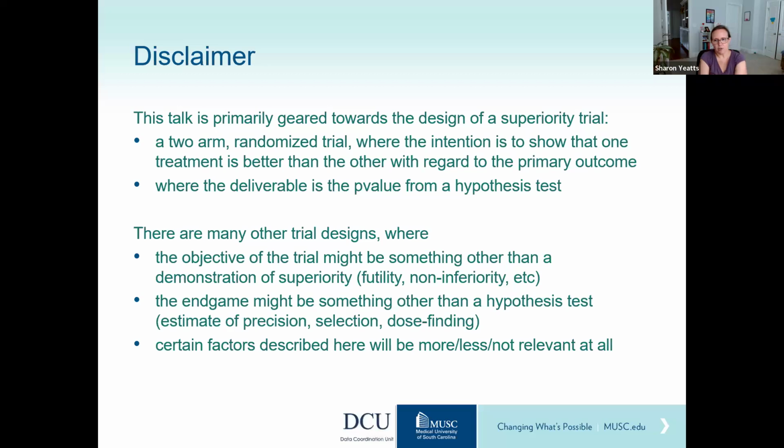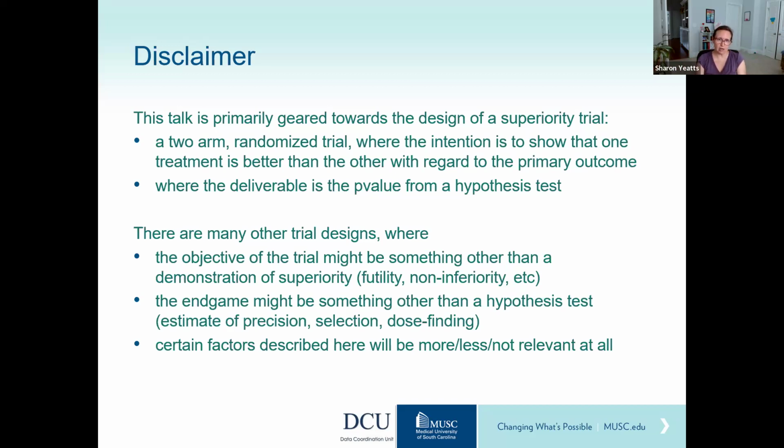So a little bit of a disclaimer, I sort of already mentioned this. We're going to talk about sample size in the traditional sense, but we're also going to talk about some design considerations. Because I could talk to you for hours and hours about sample size, and I could not tell you everything that you need to know because I don't know everything that we need to know, I have to focus this talk in some way.